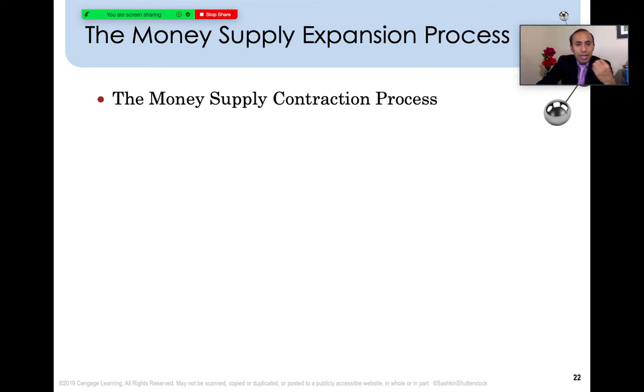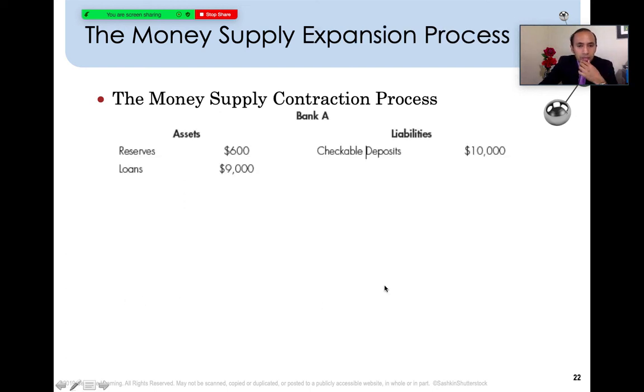Now, notice how we had our $10,000 in deposits, and the reserves were $1,000 of the $10,000 deposit because we're keeping 10%, and they were lending the difference, $9,000 in loans. Our reserves are now smaller. We have $600. What happens to the other $400? Well, the $400 was taken away by the Fed, and they gave us a certificate.